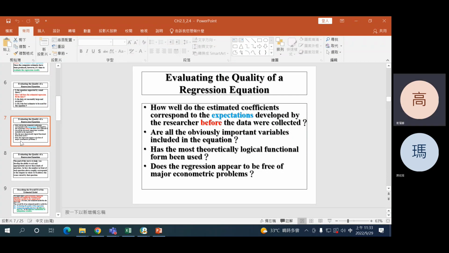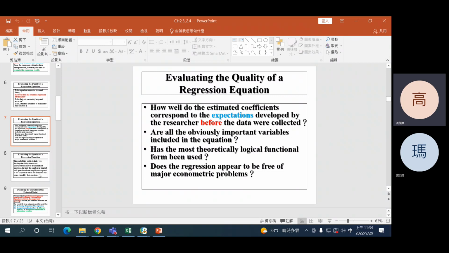Does the regression appear to be free of major econometric problems? This is the more difficult part. Those topics will be covered in the next semester, in another course. So this semester we'll get to chapter 7 only, and we will answer some of the questions.